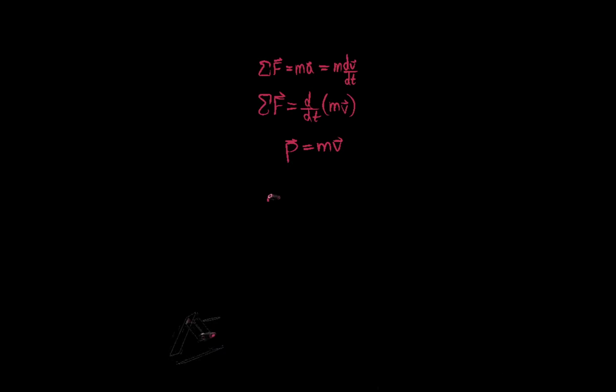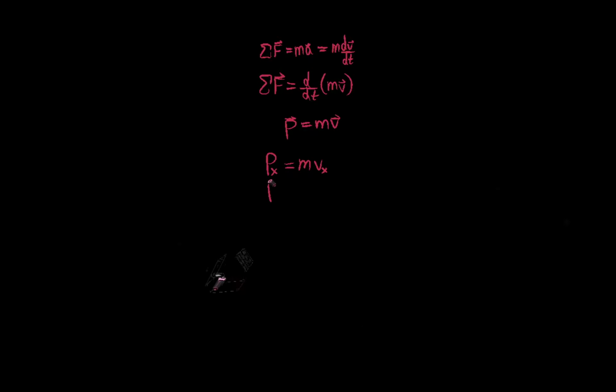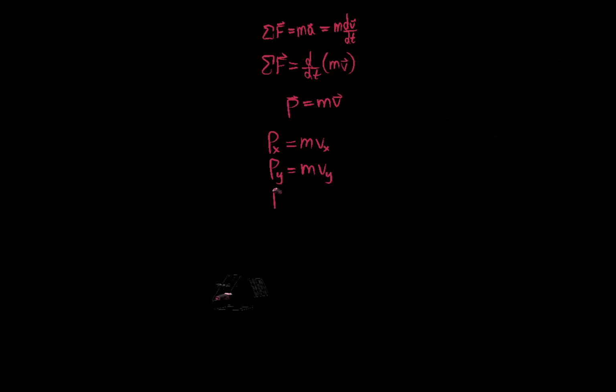So you can have momentum in the x direction, and that's just the mass times the x velocity. And you can have momentum in the y direction, mass times the y component of velocity, and z if you got it. Mass times velocity in the z. The units of momentum are mass times velocity, so kilograms meters per second.